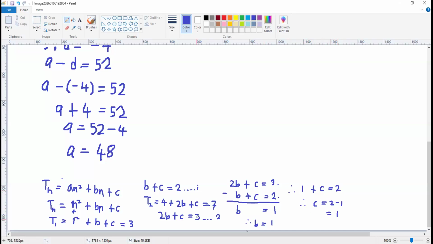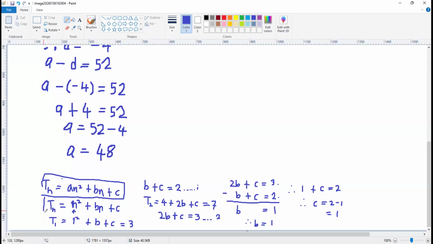So I think that would help us to establish our Tn as what? You remember our Tn, this one. So now we know, or maybe not even this one.